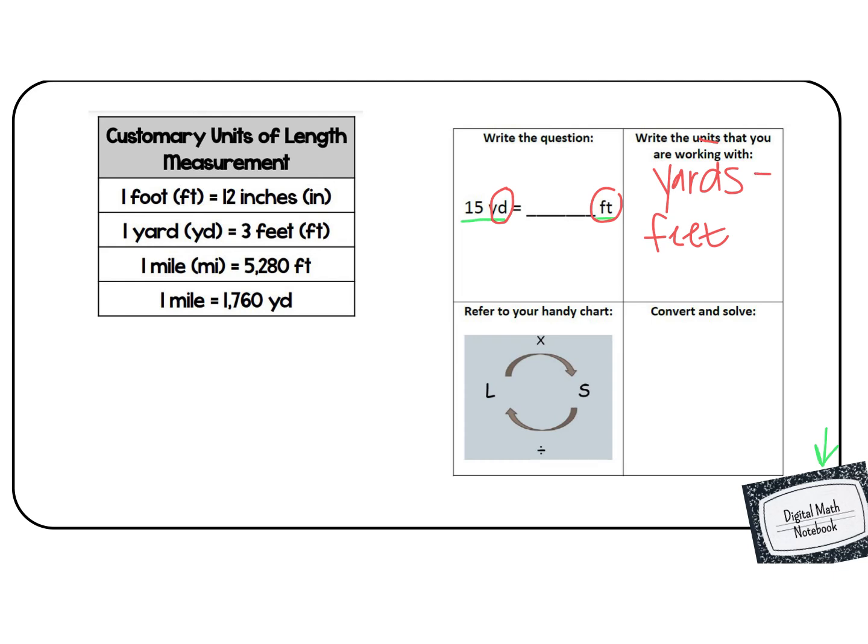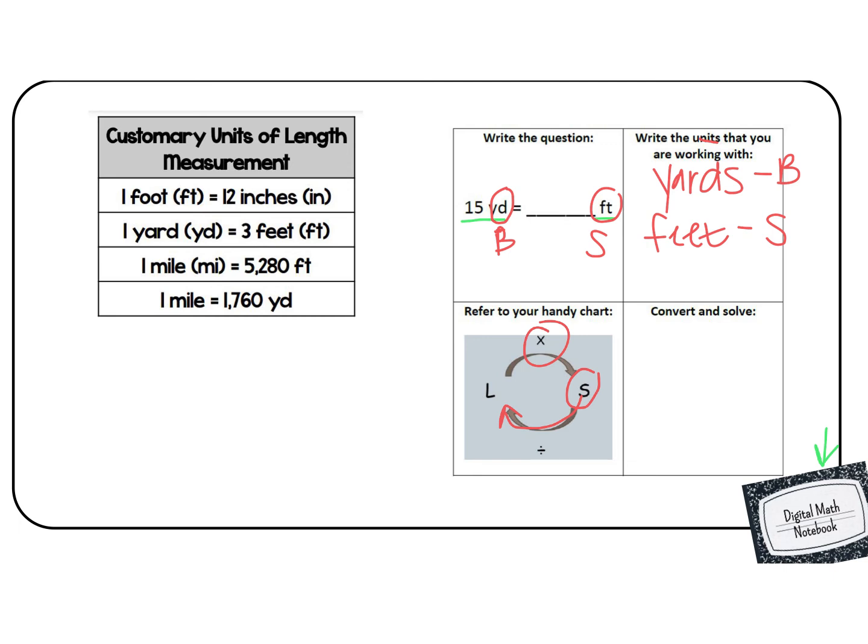Now we need to decide if we're going from large to small or small to large. Yards are the big thing and feet are the small thing. If I'm going from the big thing to the small thing, remember our rhyme: from horse to fly, we multiply. Now we need to know what to multiply by.